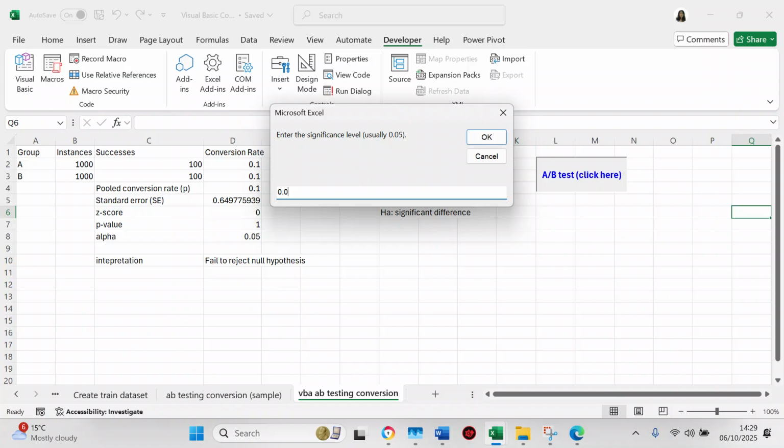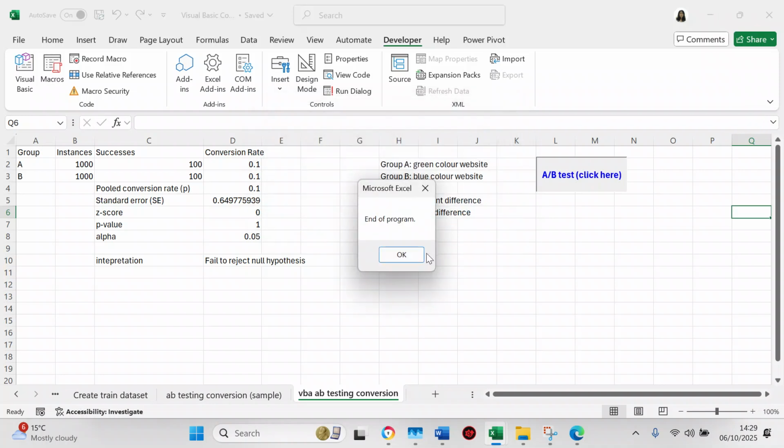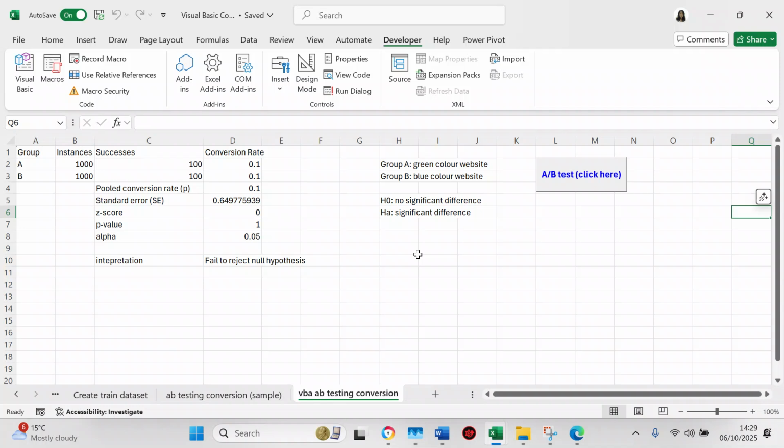And then we're going to say 0.05. So it doesn't matter what happens. It says your p-value is 1.